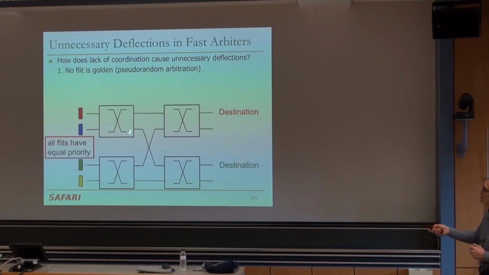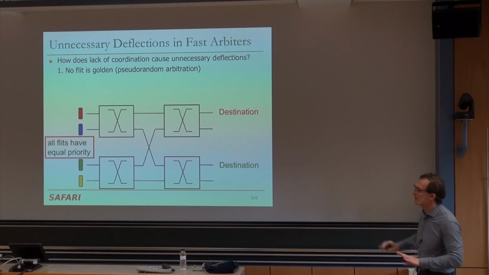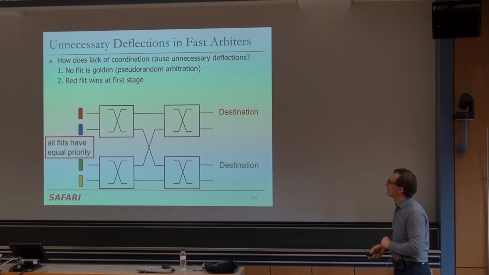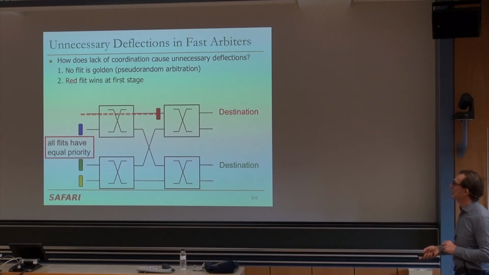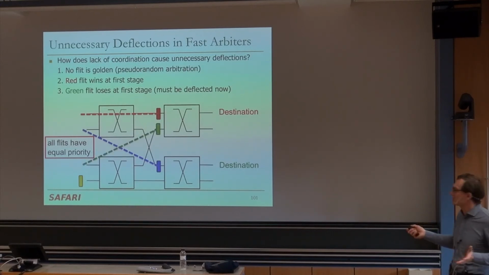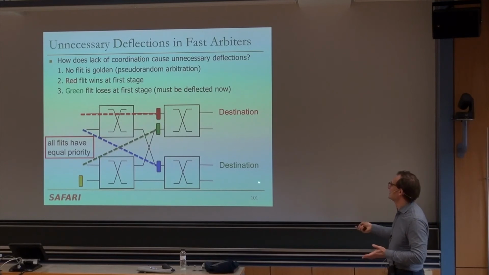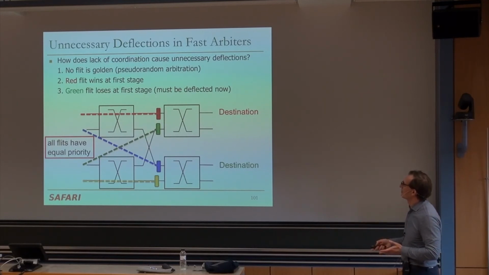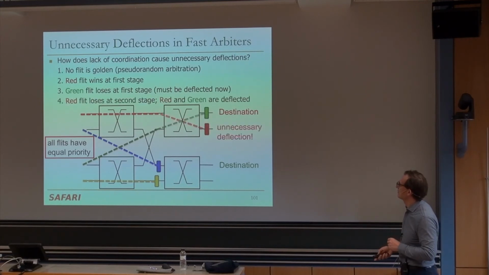I already said this: no flit is golden. Assume all flits have equal priority. So a red flit wins at the first stage over here, trying to go to its destination. The green flit loses at the first stage, so it must be deflected now. Ignore the blue and yellow ones for now.